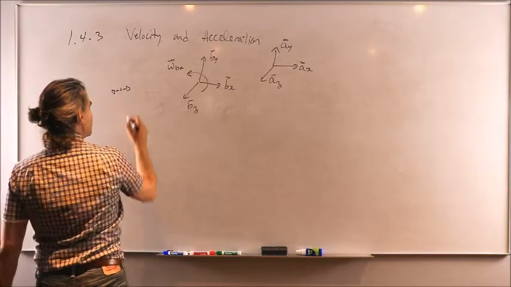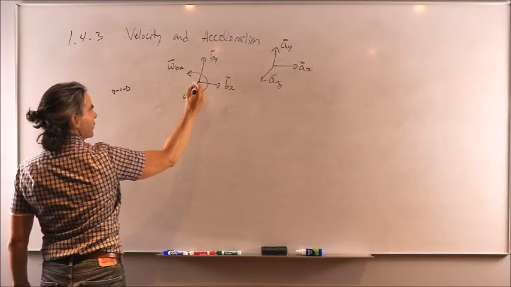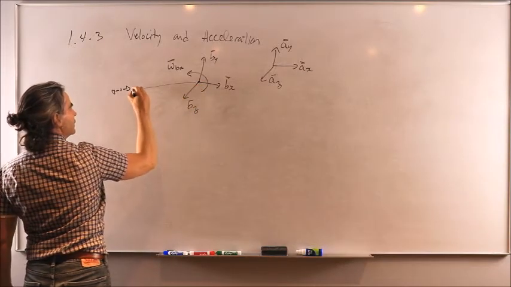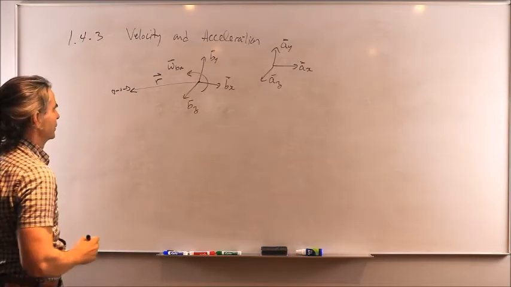Let's denote the position of our spacecraft with respect to the origin of the moving reference frame as R. R vector is our position of the spacecraft.